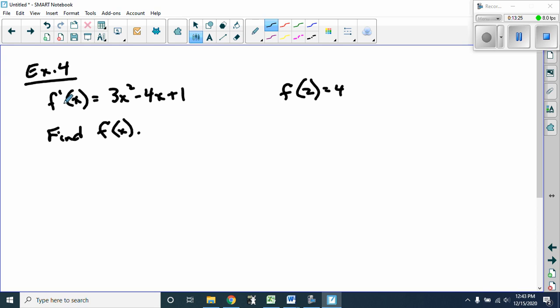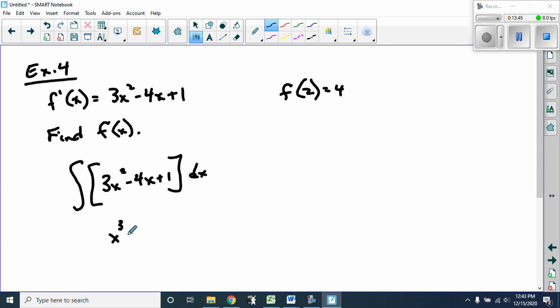So to go from the derivative to the function, we need to find the antiderivative. We need to integrate. So we are going to integrate f prime of x. When you integrate, you add 1 to the exponent, and then you divide by that same thing.